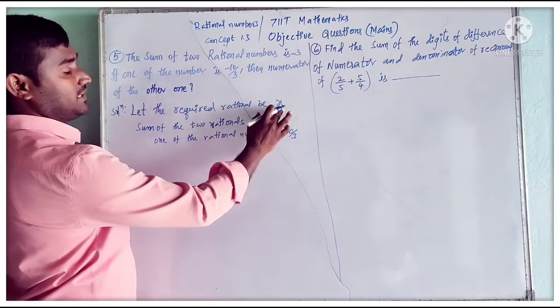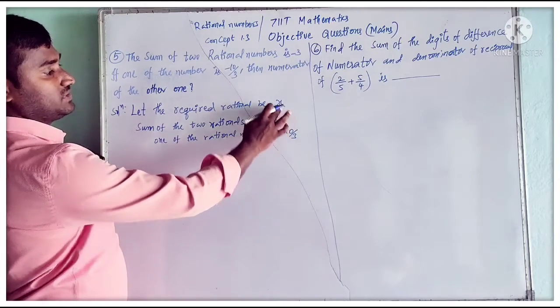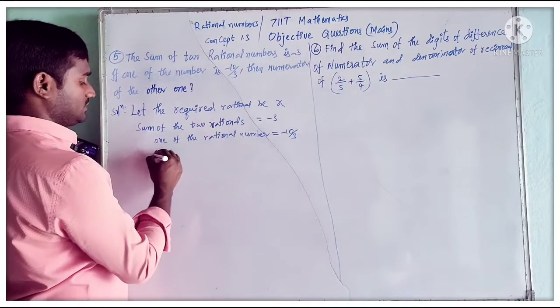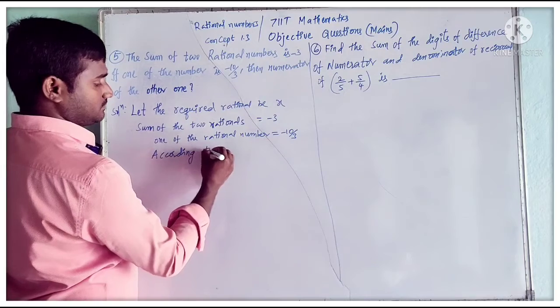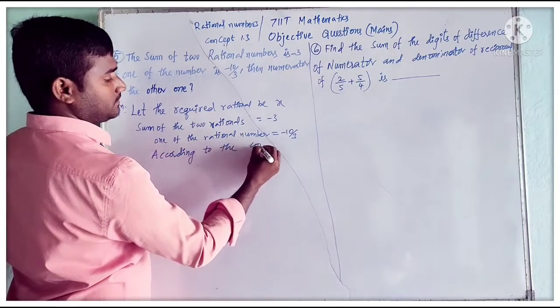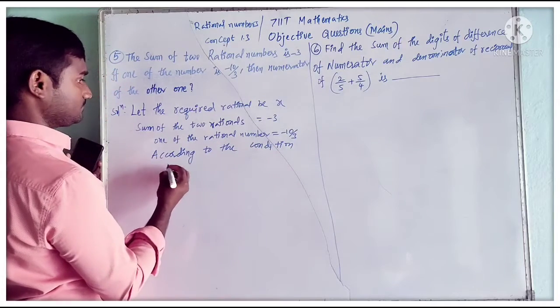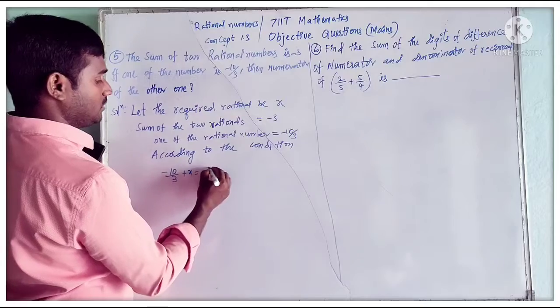The other rational we have is x, and one of the rational numbers is minus 10 by 3. If you add these two, we will get minus 3. So according to the condition, minus 10 by 3 plus x equals minus 3.